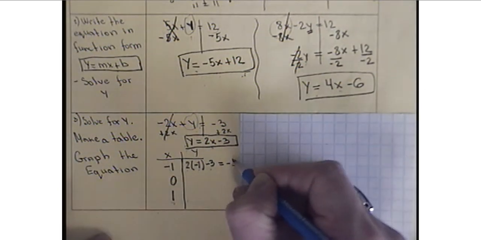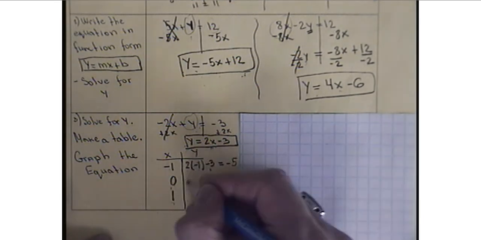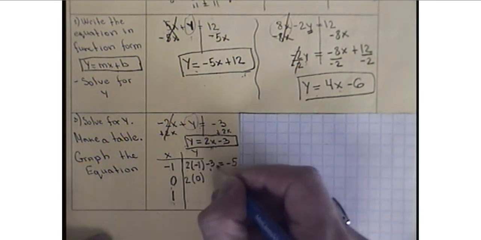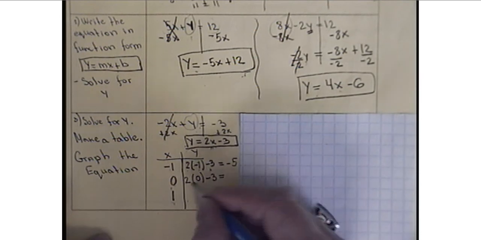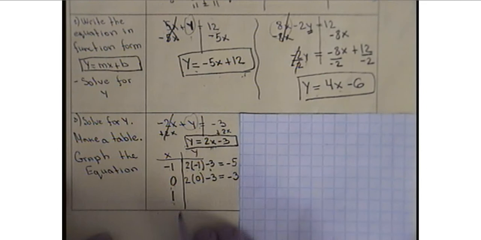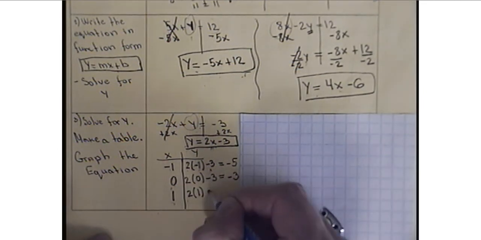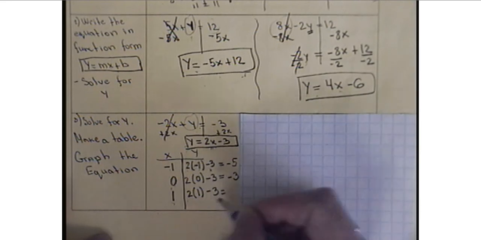Be careful, use the calculator, we multiply those and then we subtract 3. So for the second, we are using this equation and substitute x with 0. So it will be 2 times 0 minus 3. Well, 2 times 0 is 0, minus 3 will give us negative 3. And final point, we have 2 times x, which is 1, minus 3. So 2 times 1 is 2, minus 3, negative 1.